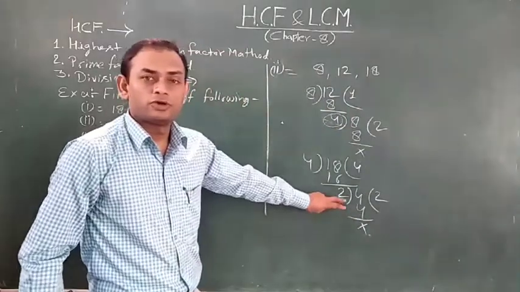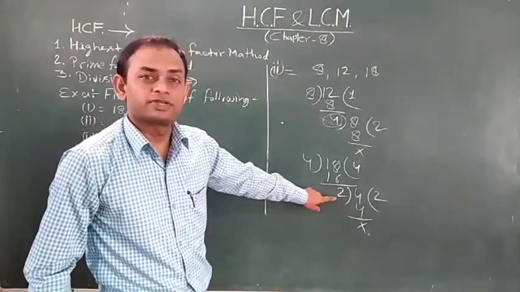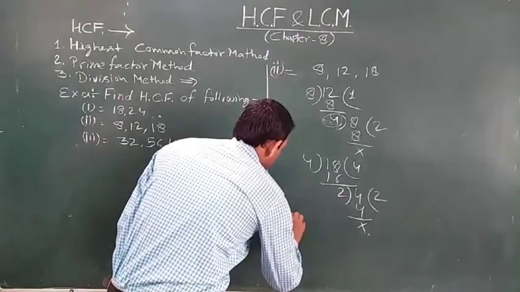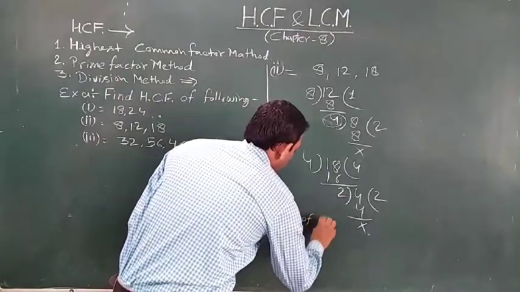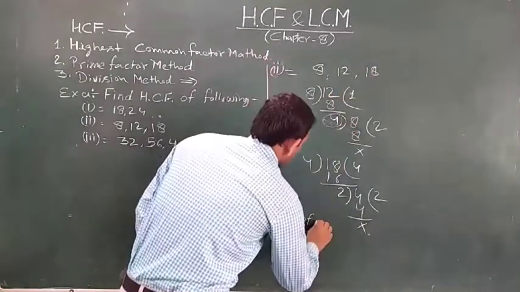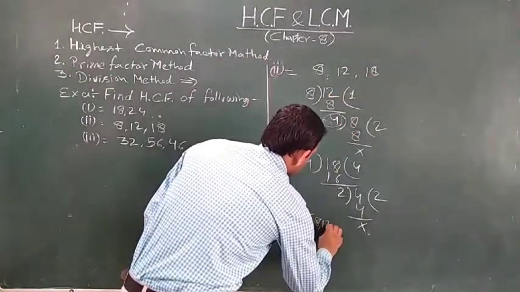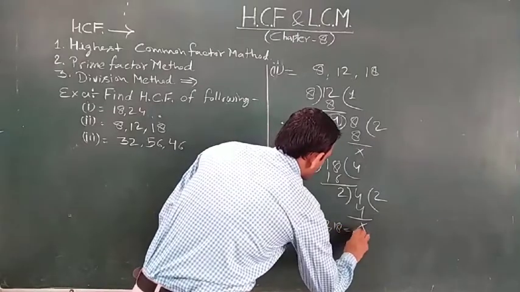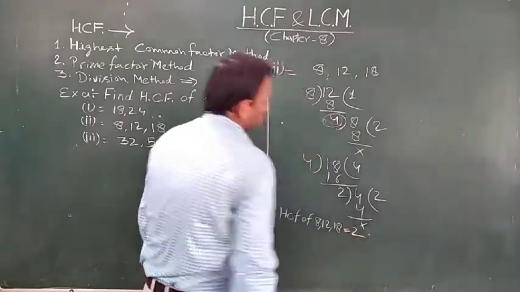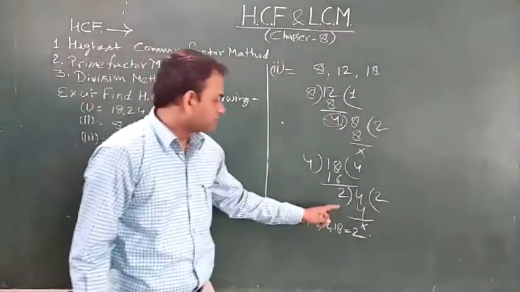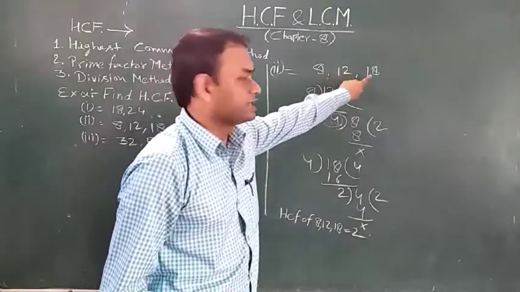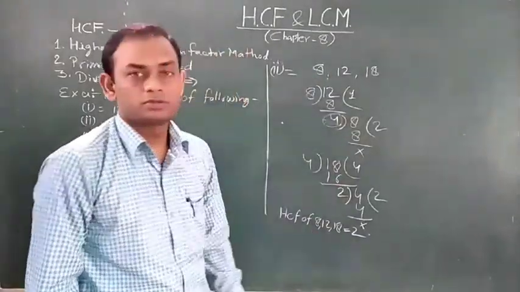So what is the last divisor? 2. So the HCF of these three numbers, 8, 12 and 18, is equal to 2.